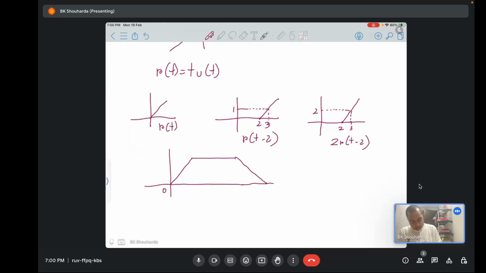Let's say it starts at 0, comes to 2, it becomes 3, this is at 4, and this ends at 7. Okay, so how will I write this function in terms of the ramp signal?